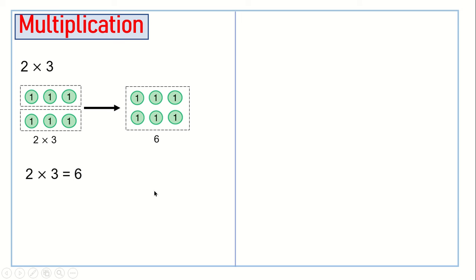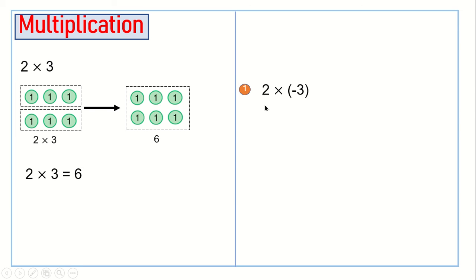But now, in Mathem 1, or grade 7, we are going to mainly look at how we can multiply negative integers. For example, we have got 2 times negative 3.